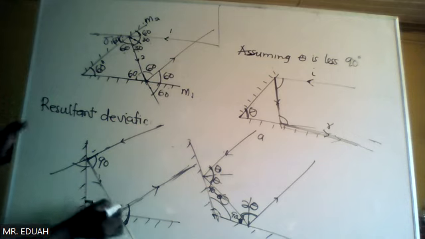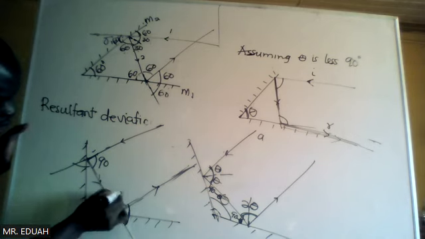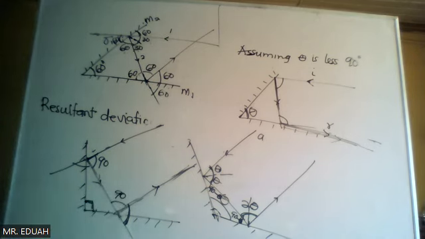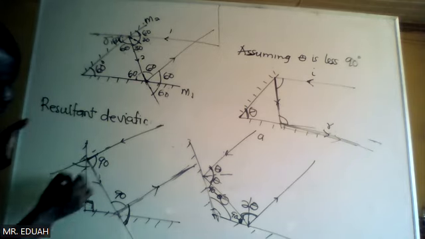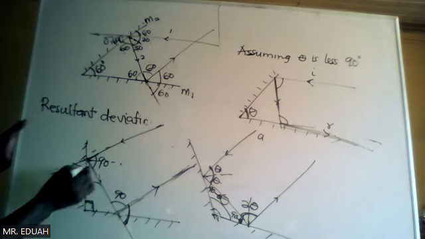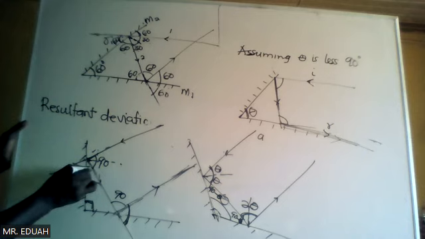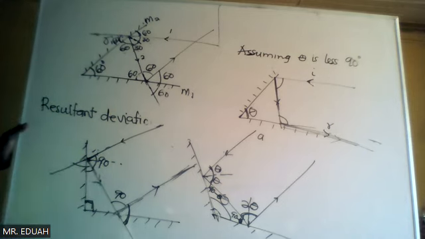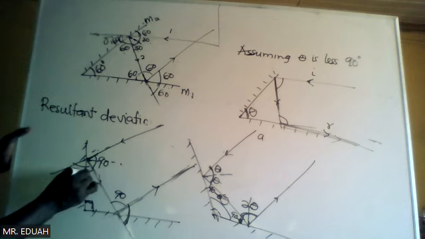And so will be this angle as well. This is 90. Then when we draw a normal, 45 here, 45 here. This angle here is also 45.